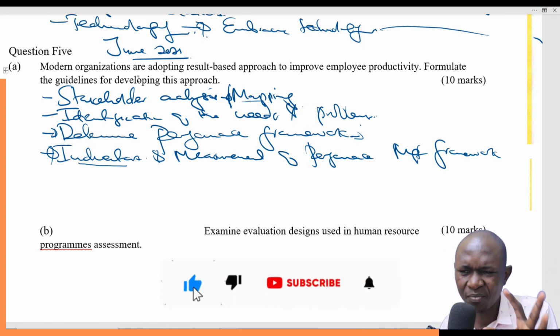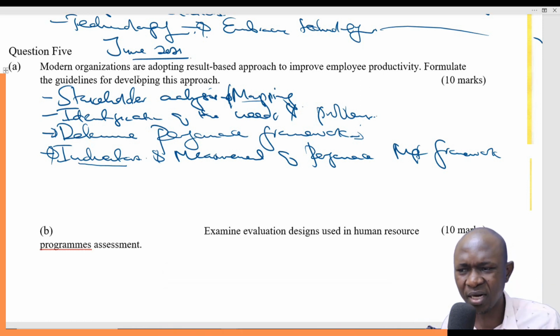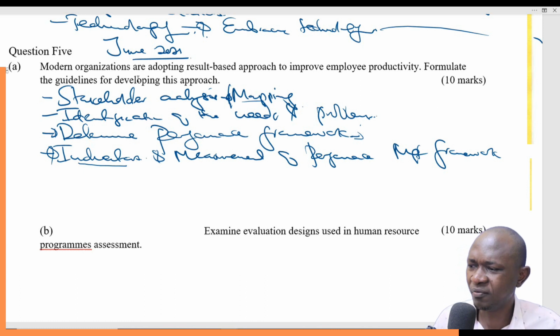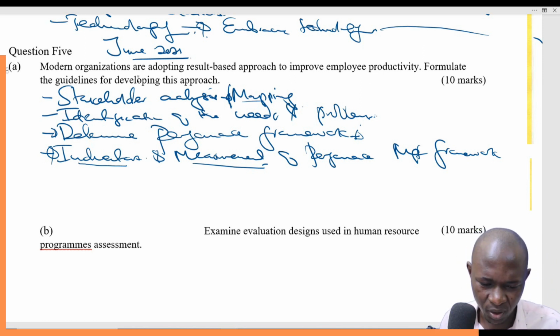So after we come up with the way of solving this problem, we come up with ways to measure our performance rate, so that if we achieve, it's a plus for us. If we don't achieve, then it means we need to take some corrective measures.